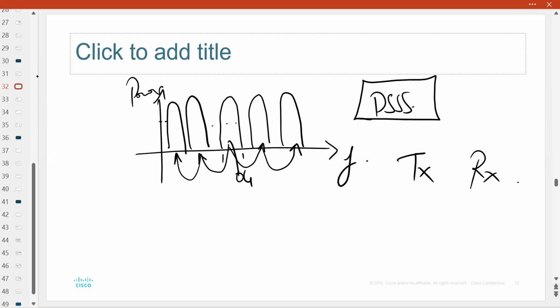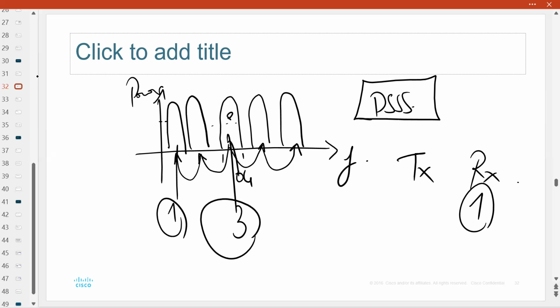Now there is a need for synchronization between the transmitter and the receiver. When the transmitter is on channel number 1, the receiver knows channel number 1 is transmitting, so it needs to receive on channel number 1. When the transmitter hops to channel number 3, for example, the receiver knows channel number 3 is now sending.